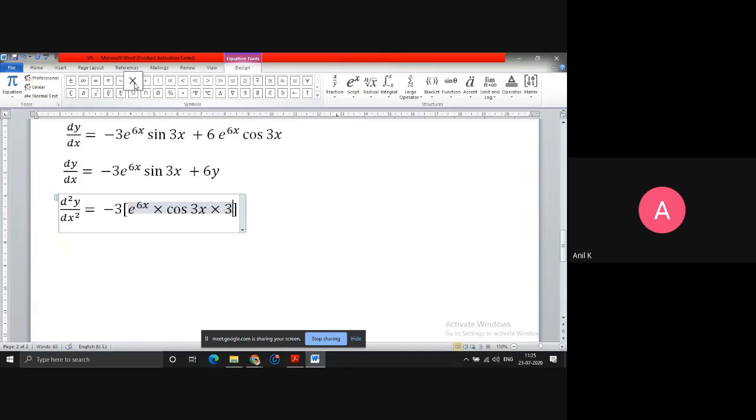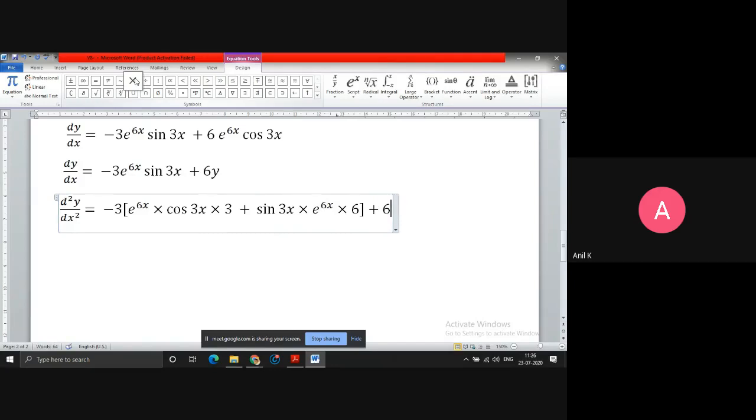So u derivative of v, then plus v derivative of u: sin 3x into derivative of e power 6x, which is e power 6x into 6. The derivative of 6x is 6. So I applied the UV formula, plus 6 into derivative of y.